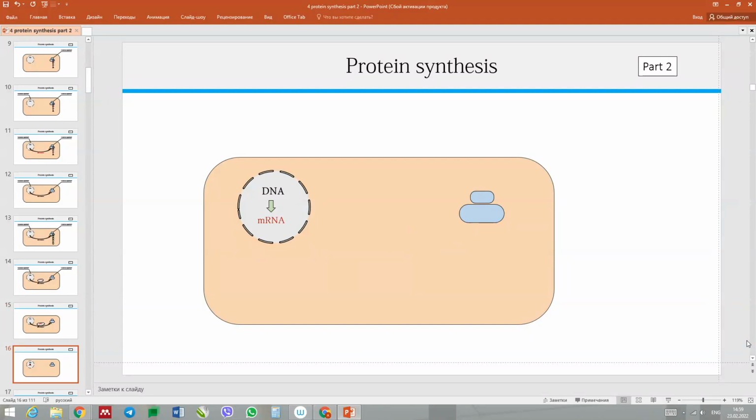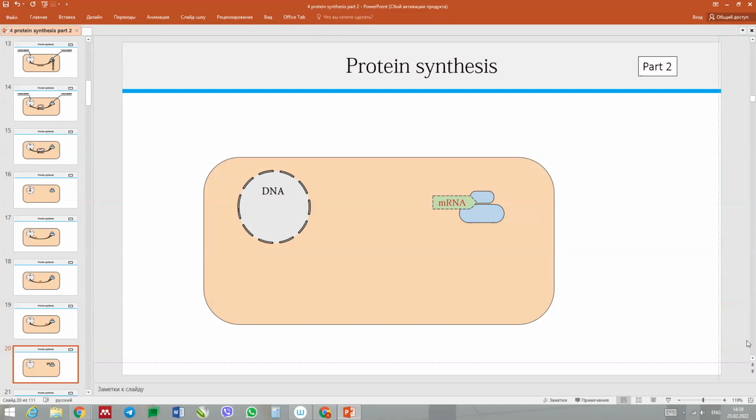So, information is transferred from DNA that is located in the nucleus into messenger RNA that is initially also located inside of the nucleus. And then mRNA is allowed to escape from the nucleus into the cytoplasm, and it is transferred to the ribosome.